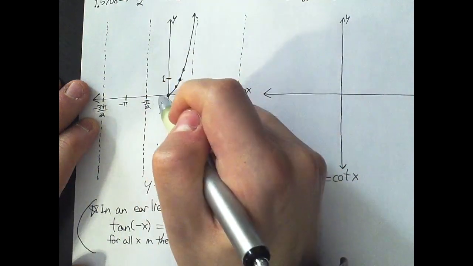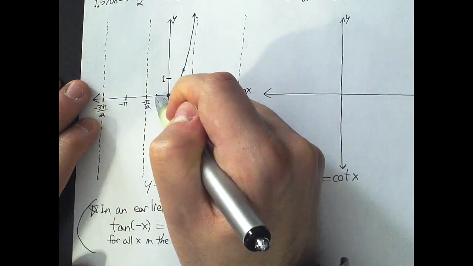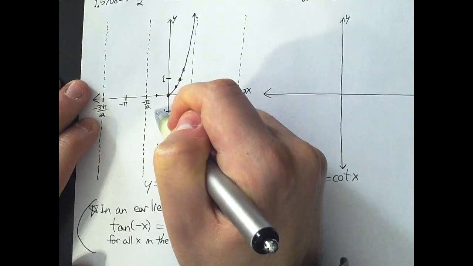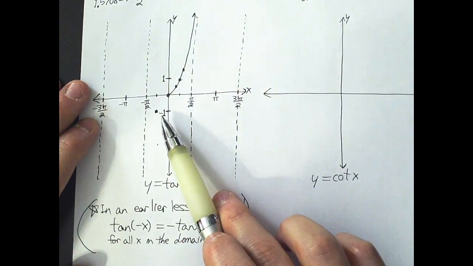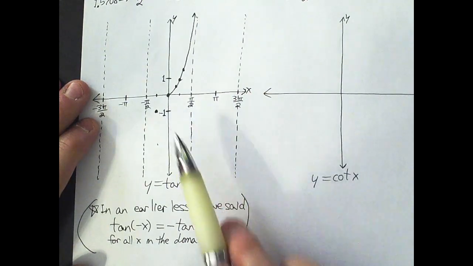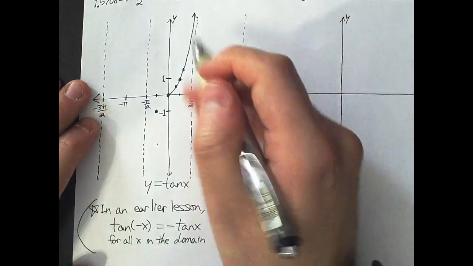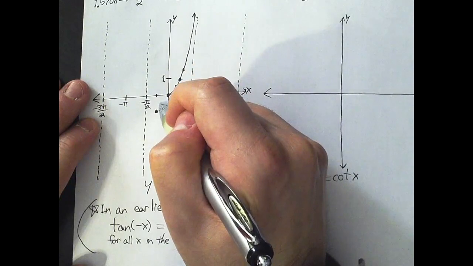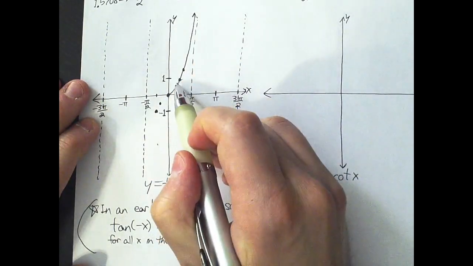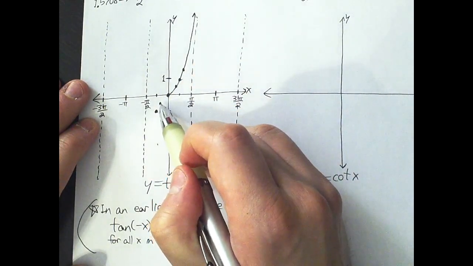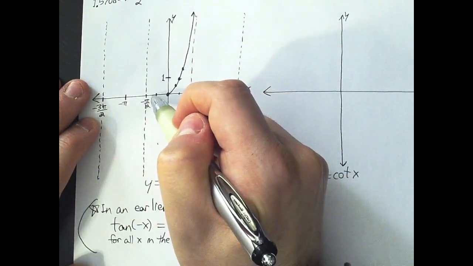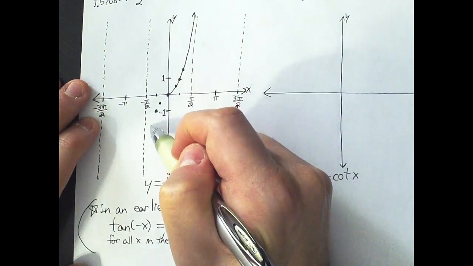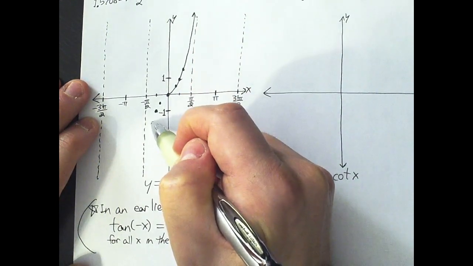It means there's going to be a point at negative pi over 4, comma negative 1. This point that I just drew. That has to be there because of this fact. The other points that we drew also have corresponding negative points down here. The pi over 3, comma 1.7 is going to have a corresponding negative pi over 3, negative 1.7.